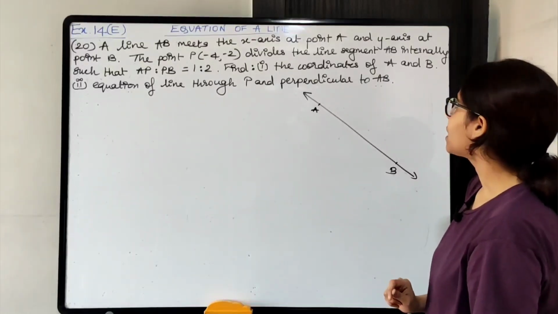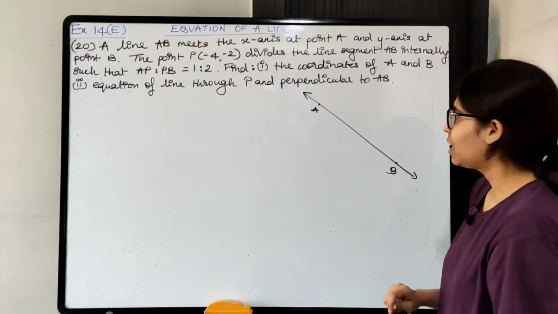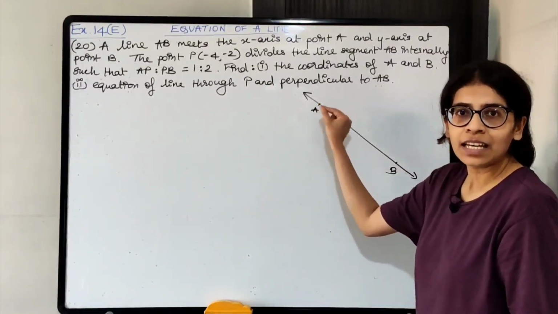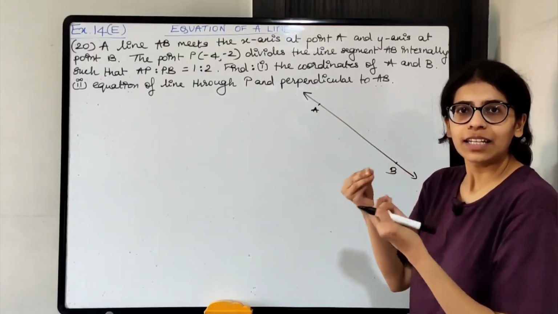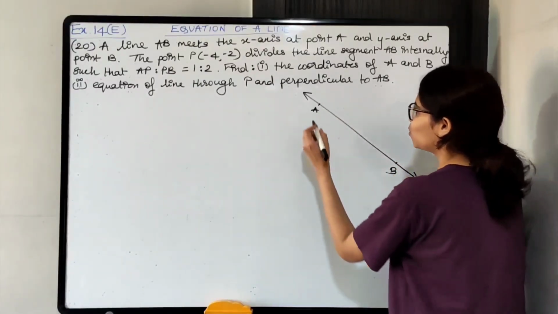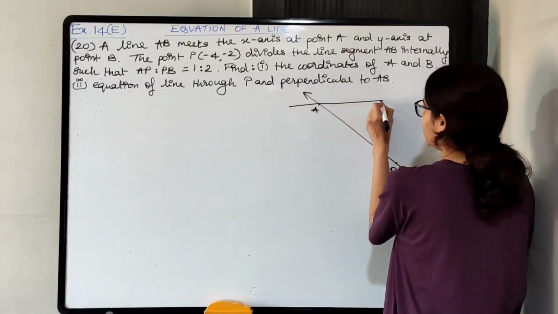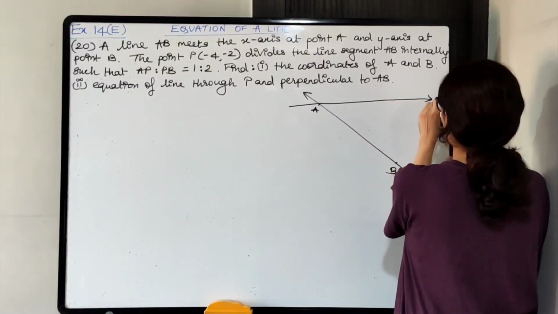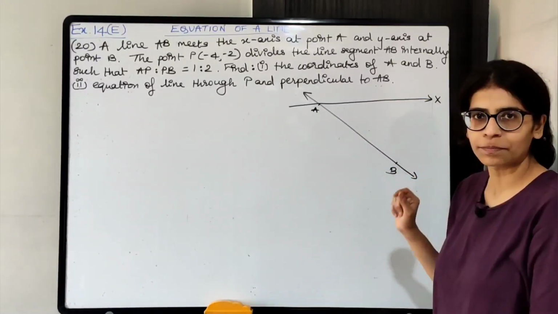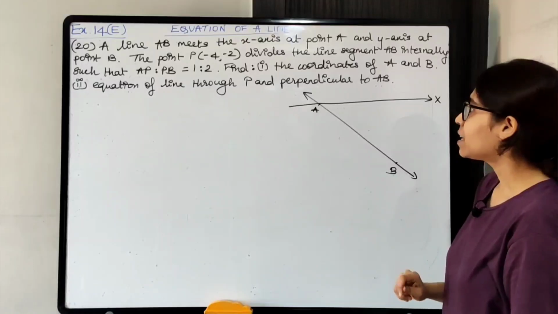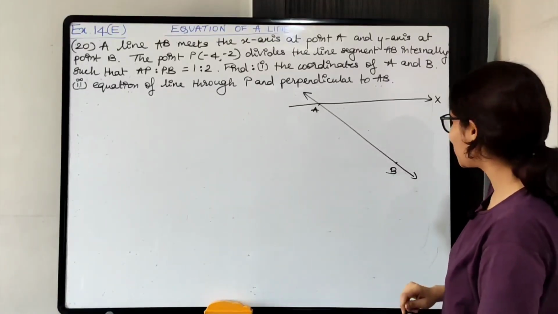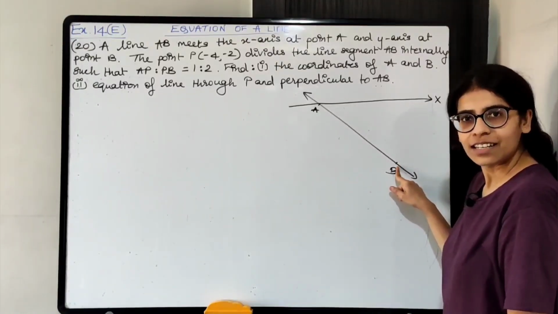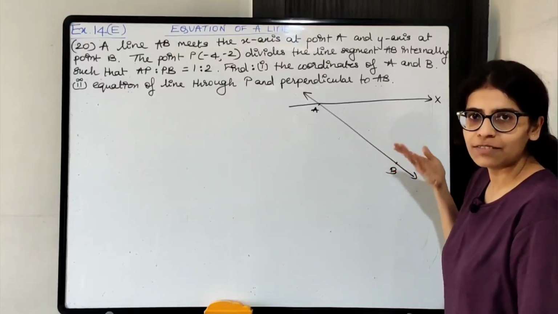It meets the x-axis at point A. A is meeting x-axis, that is it is cutting x-axis. So x-axis is the horizontal line. Okay. And y-axis at point B. So B is cutting y-axis, that is it is meeting y-axis.